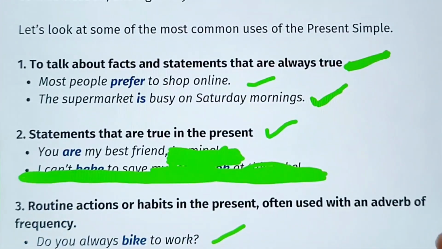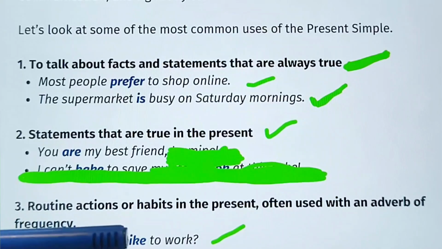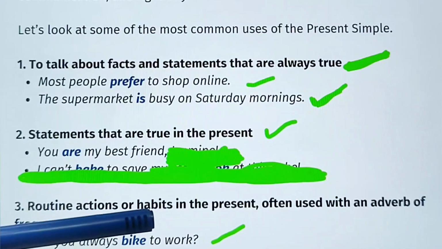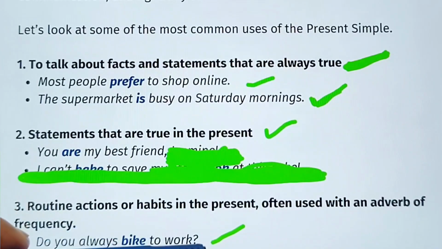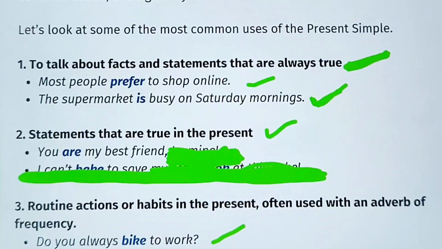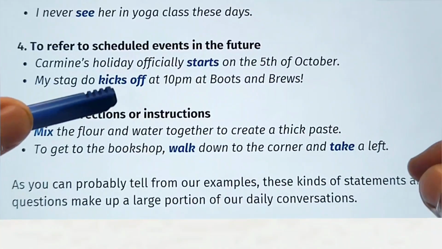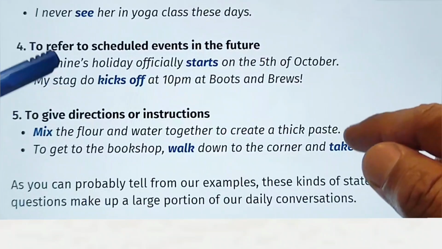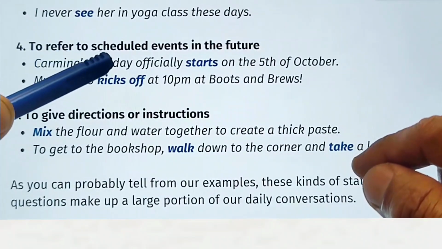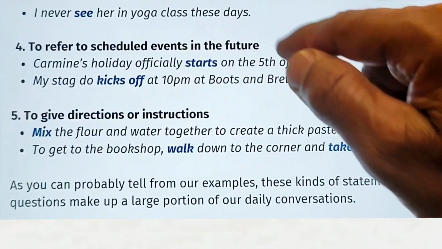We use present simple tense for routine actions or habits in the present, often used with an adverb of frequency. Example here: do you always bike to work? We use present simple tense to refer to scheduled events in the future.